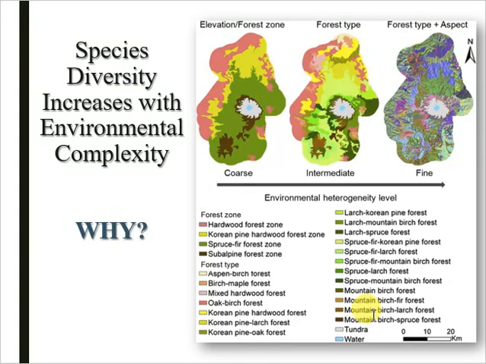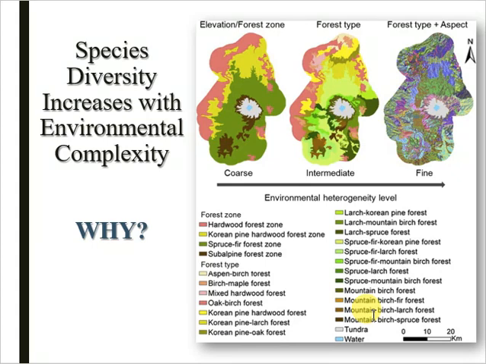Well, the reason is because a higher environmental complexity introduces a more diversified environment that contains more niches. Right? More niches will increase species diversity because there are more places available for species to occupy.